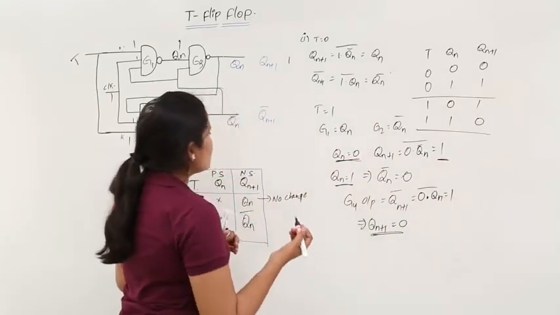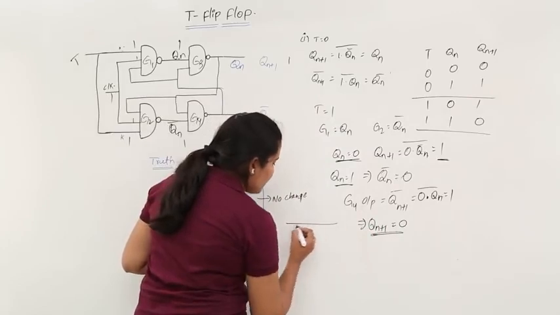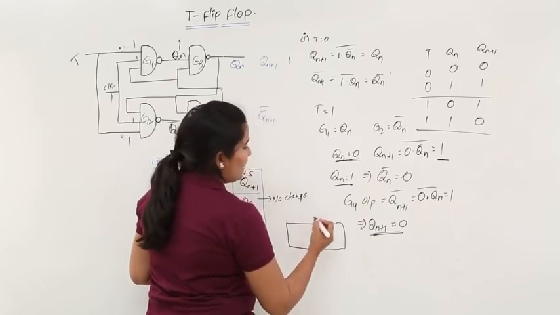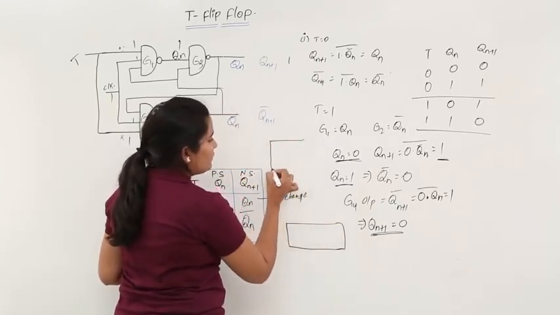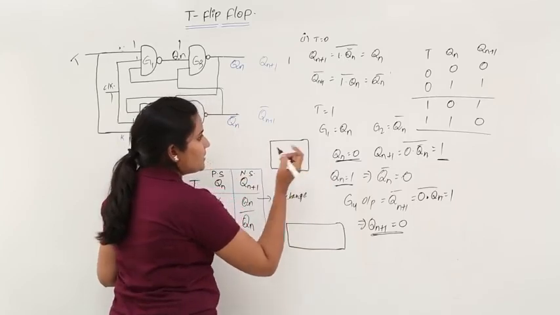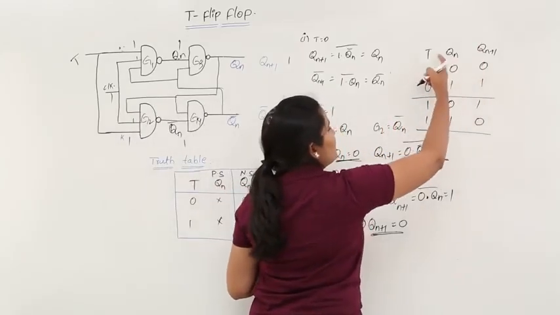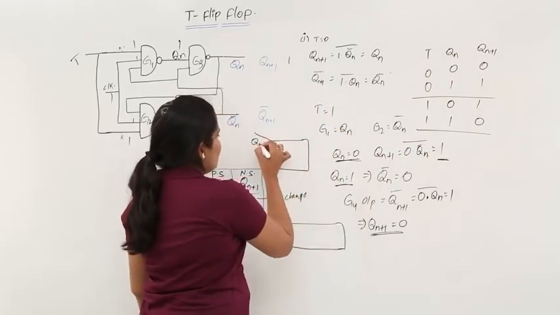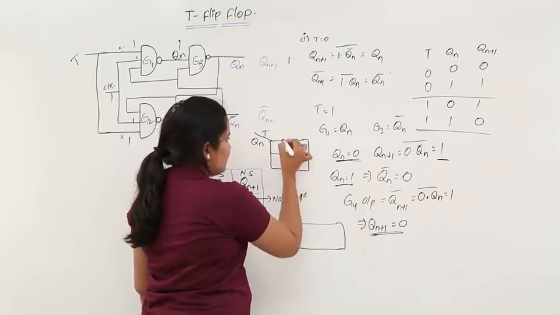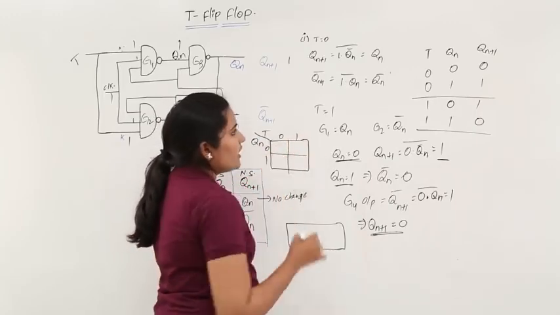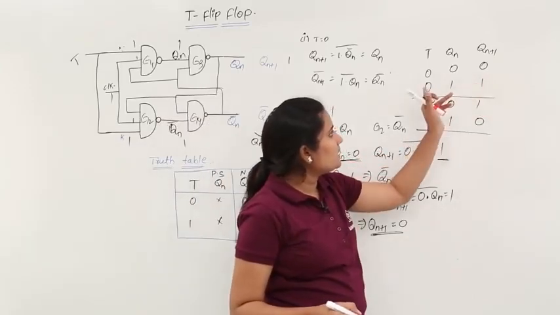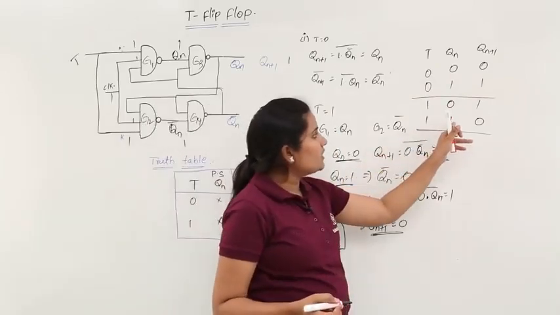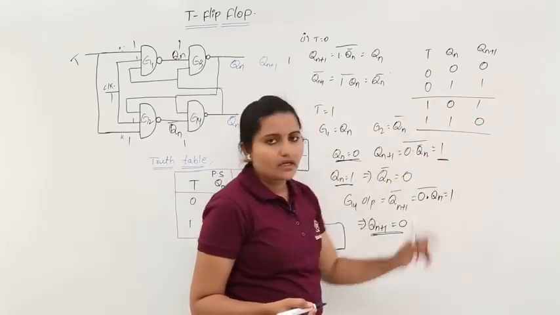Now, this is the time to draw the K map. How many variable K map do you need to consider? I am considering a 2 variable K map. Why? Because it is enough to consider a 2 variable K map here, because for this output the 2 possible inputs are T and Qn only. So, I am considering Qn and T like this, a simple 2 variable K map, where you are having your ones at T equal to 0 and Qn equal to 1, and at T equal to 1 and Qn equal to 0.